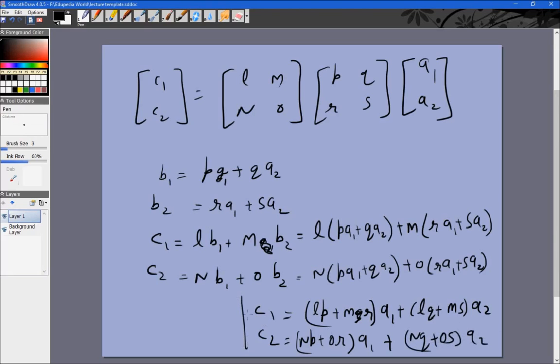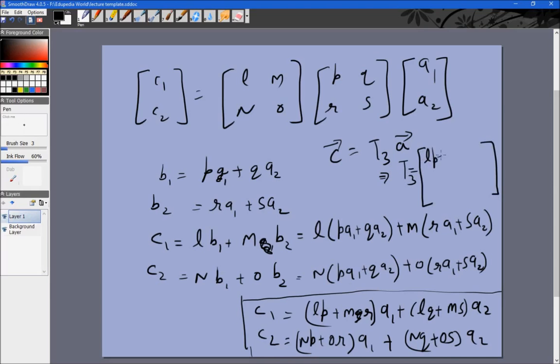This is it, and this should be equal to C is equal to T3 times A, right? So that is the terms A1, A2 and B1, B2. So ultimately what we would want is T3 to have entries LP plus MR, LQ plus MS, NP plus OR, NQ plus OS.